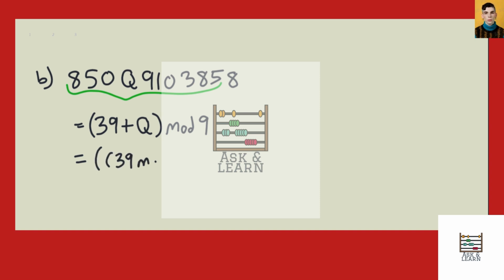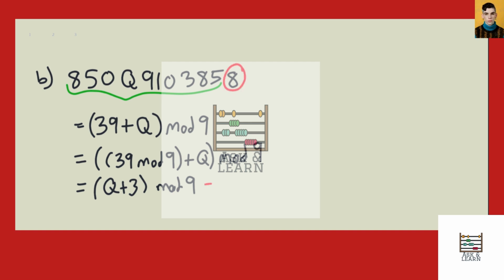Well, this is equivalent to 39 mod 9 plus Q mod 9. So that is equal to Q plus 3 mod 9. And we want this whole expression to be equal to 8.